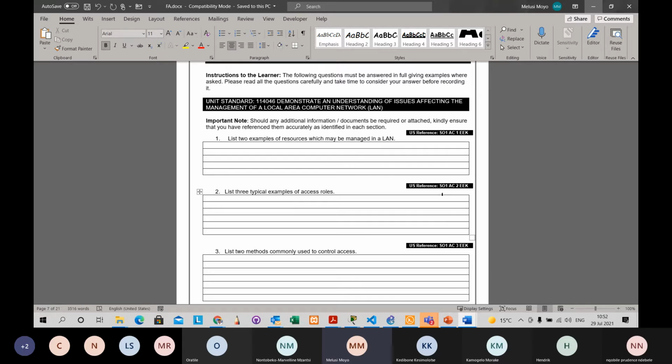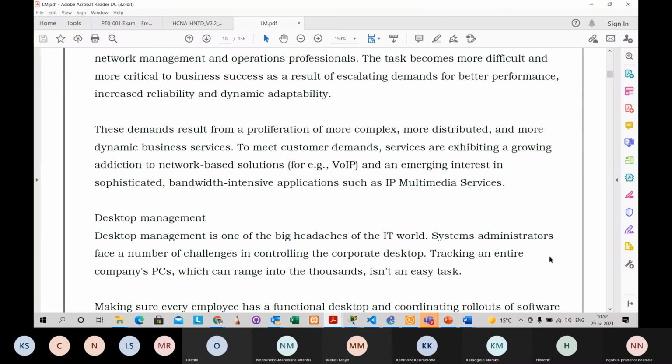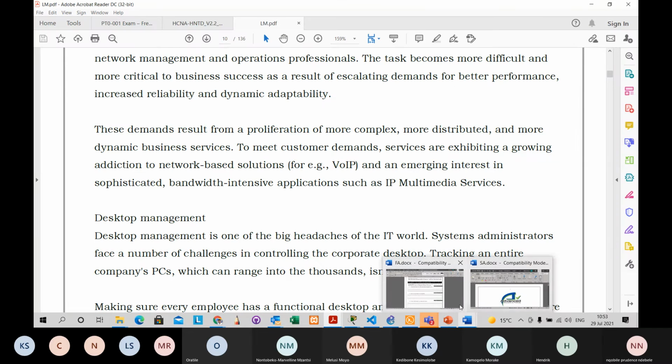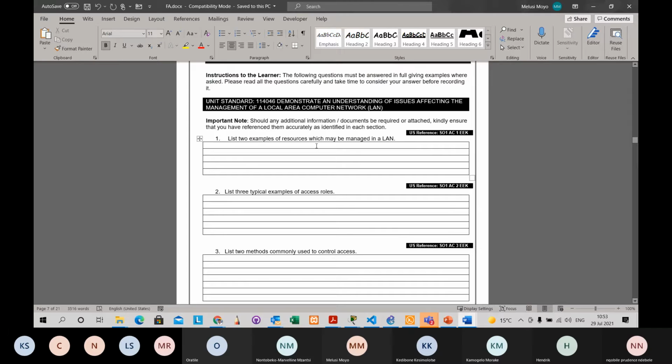What are those? Which are those resources?